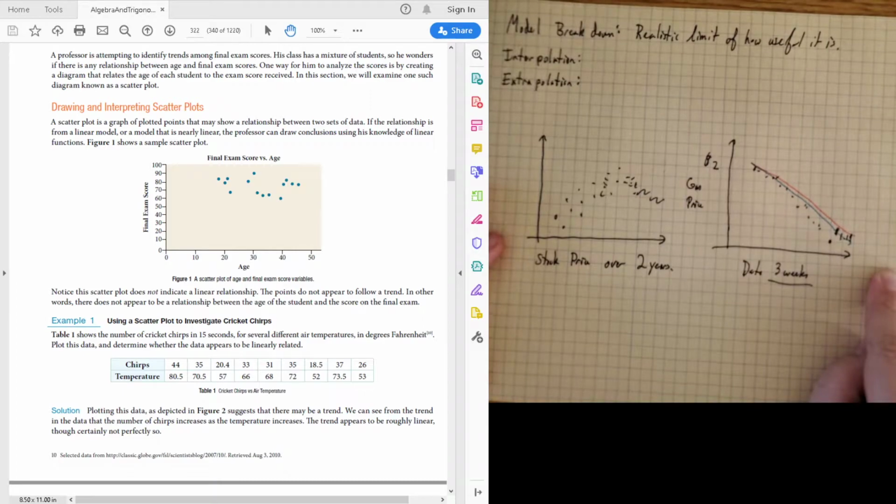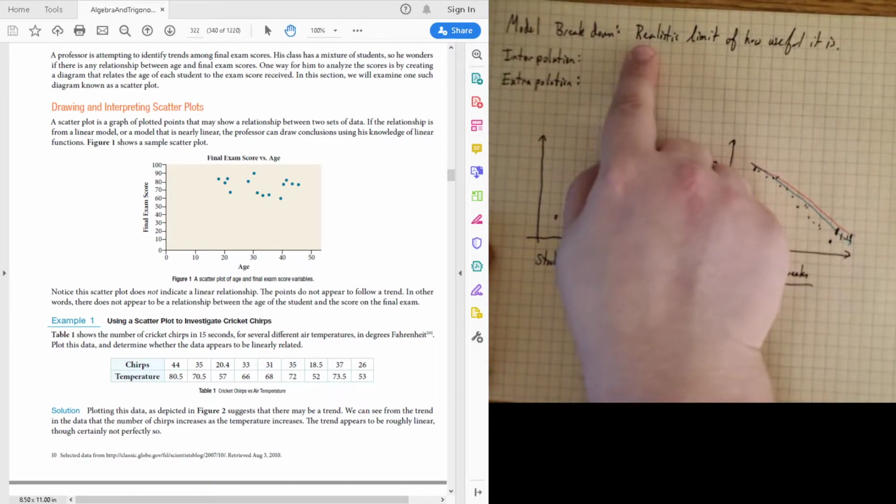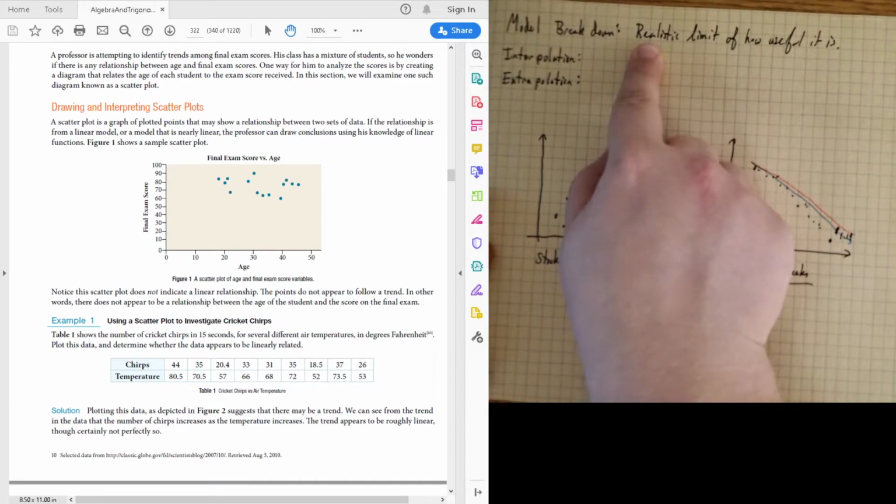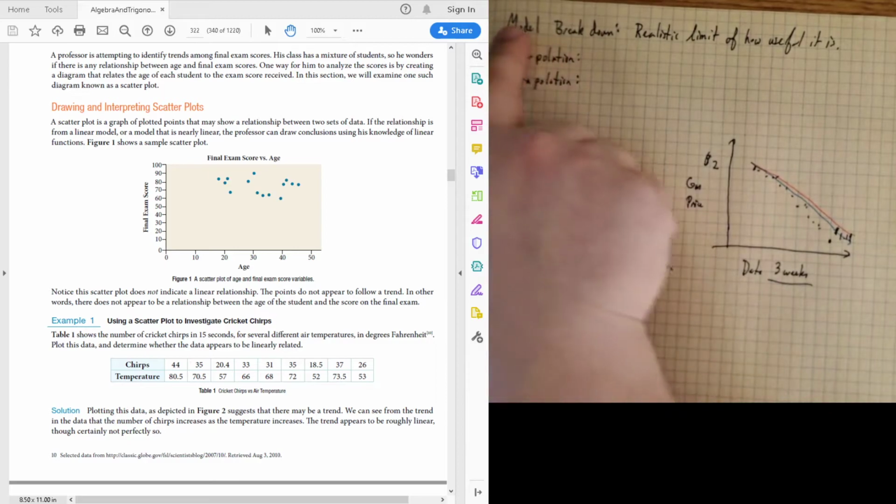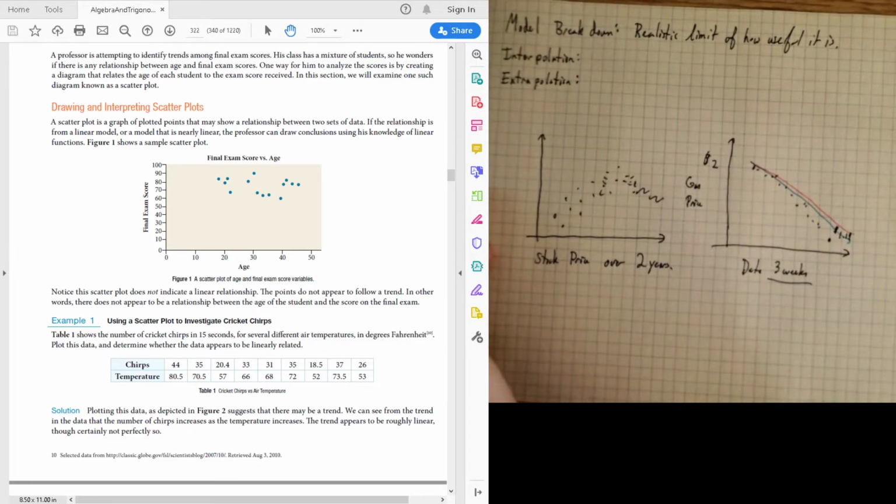It's not going to be someone offering you money to take the gas off their hands. That's not realistic, okay? It doesn't make sense with the limits of the data. And so there's always a breakdown in any model of how far it can go before it stops being useful. And with all data, that is dependent upon what you know. You just can't get any more information.